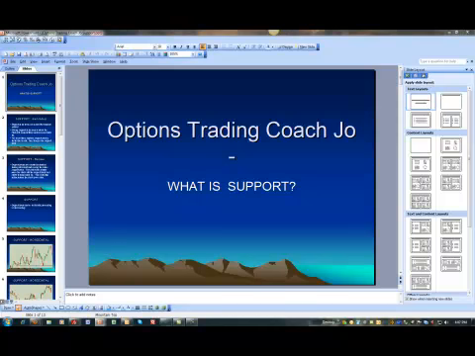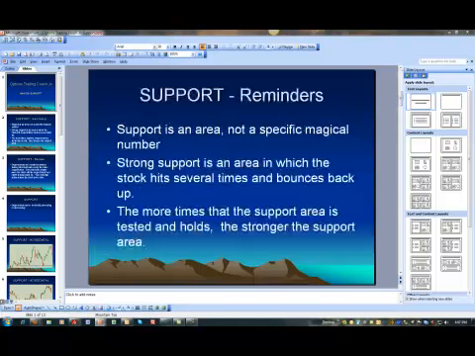Okay, so as a review of that blog from last week, the reminders are: support is an area. It's not a specific magical number. However, usually traders do round off to a specific number. You've probably heard the phrase "round off to quarters."